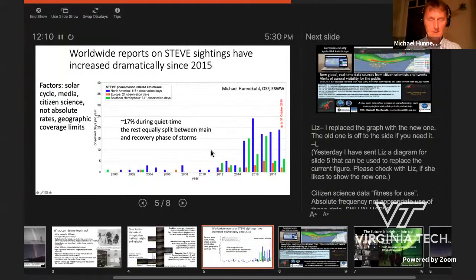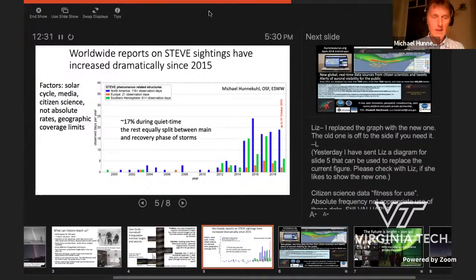Steve can in general be seen in every phase, but mainly in the recovery phase, as far as I can say based on the observations. I have to rely on the reported observation times, and there's of course some uncertainty because more or less all observers do not use calibrated camera time, but if you have more than one observation, you can be sure that the time is more or less correct.